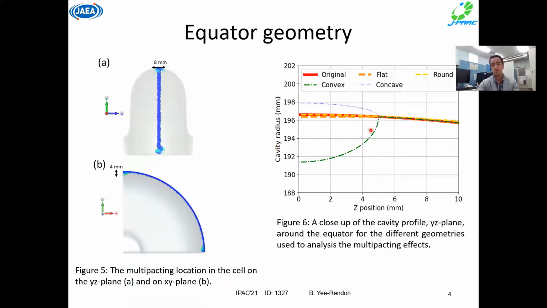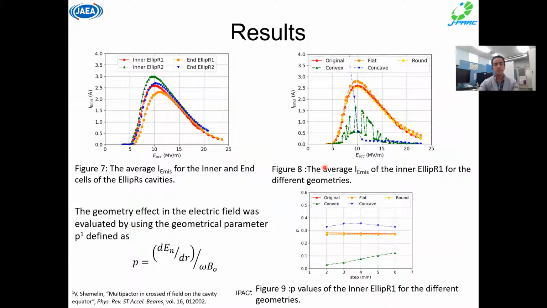So we just change around 10 millimeters around the equator. And we try different geometries, the so-called flat one, the round one in yellow, and the so-called convex and concave.